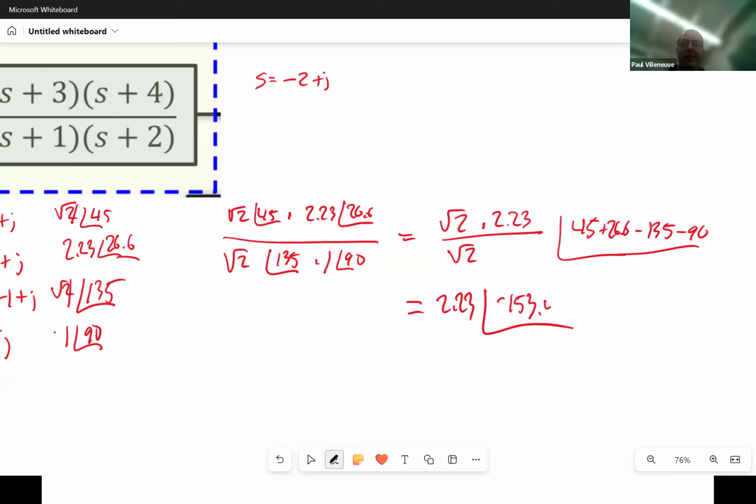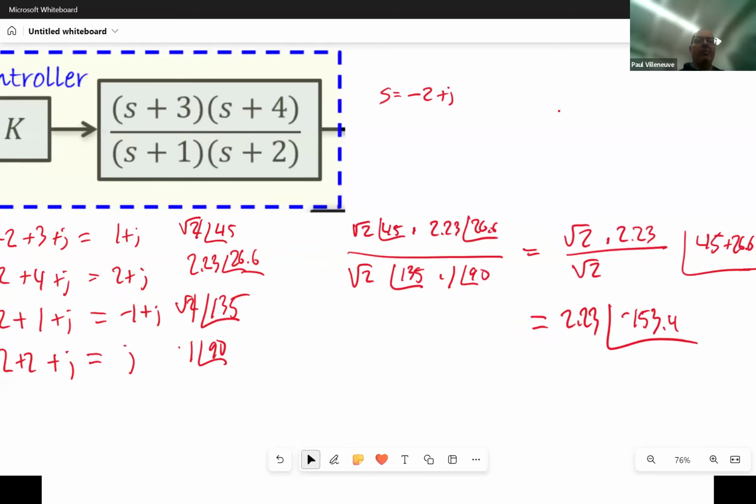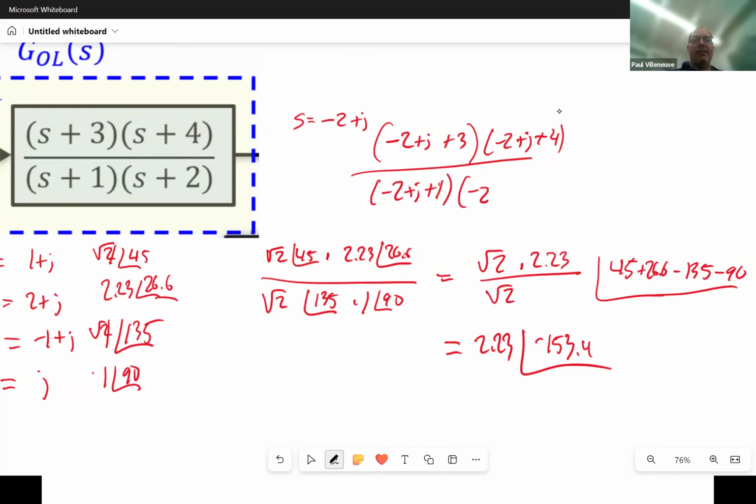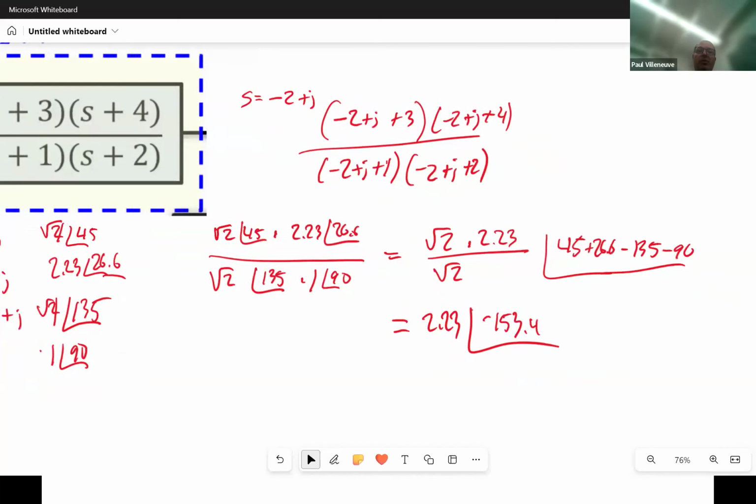Okay. Now there's a couple ways we can check that. You can just plug that into your MATLAB calculator. The other way to do it is just to plug them in like this and say, all right, I have -2 plus j plus 3 times -2 plus j plus 4, divided by -2 plus j plus 1 times -2 plus j plus 2, right? You can always do that.